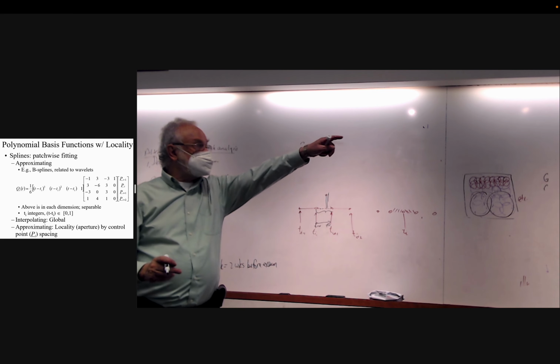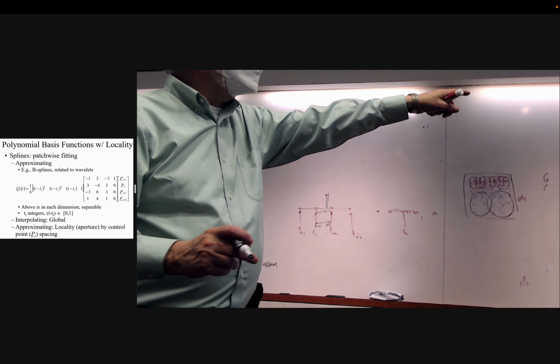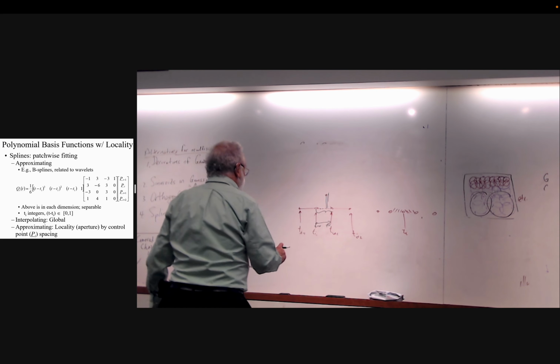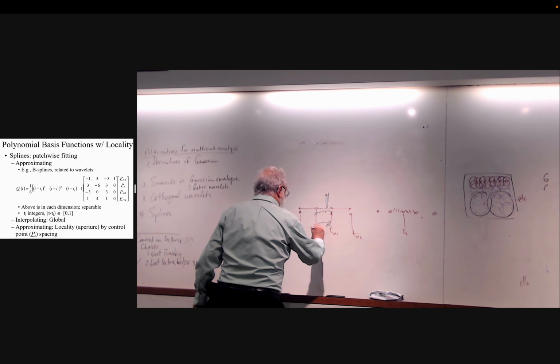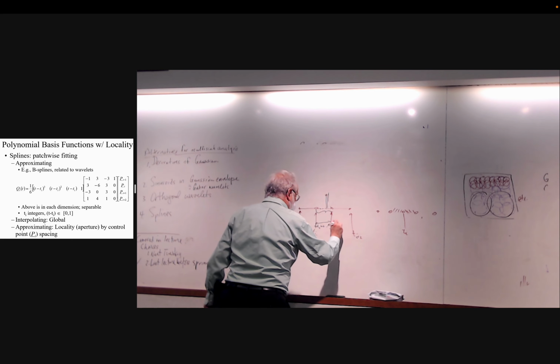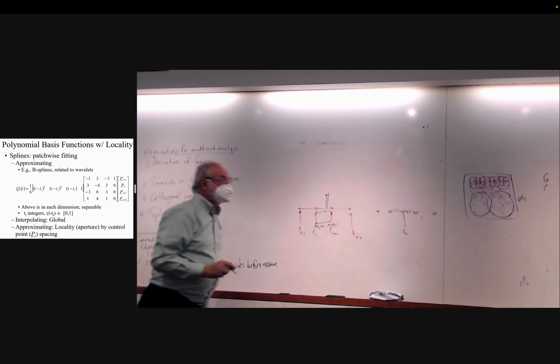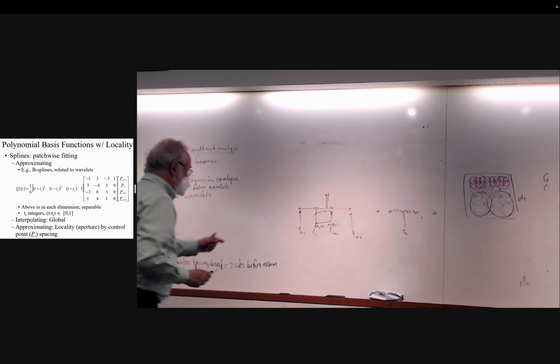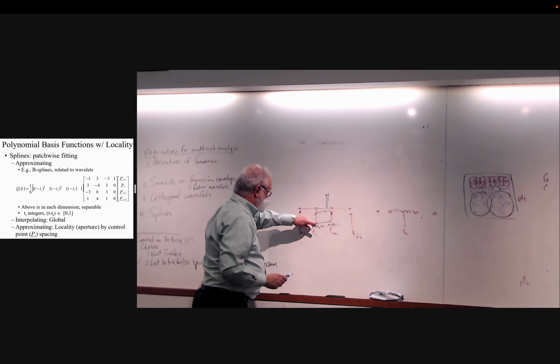And so this thing is going to be evaluated for t minus t_i. Okay, so sorry. t minus t_i equals 0, and t minus t_i equals 1. Sorry, t minus t_i is 0 here and 1 here.